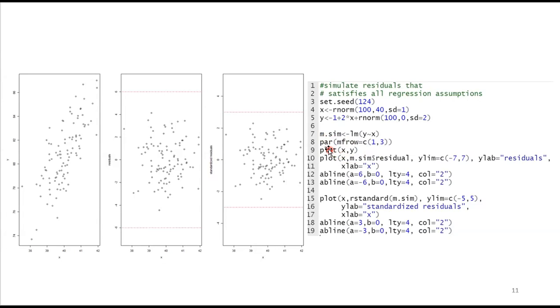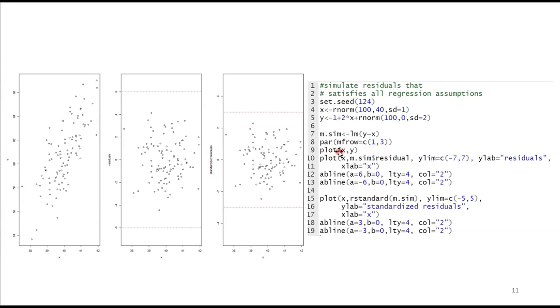So I'm going to set it to be a grid of 1 row, 3 columns. par stands for parameter, and mfrow stands for multiple figures arranged by row. An alternative is mfcol, multiple figures arranged by column, so you can try that. Then equals, and this is vector notation, so I've got 1 row, 3 columns.